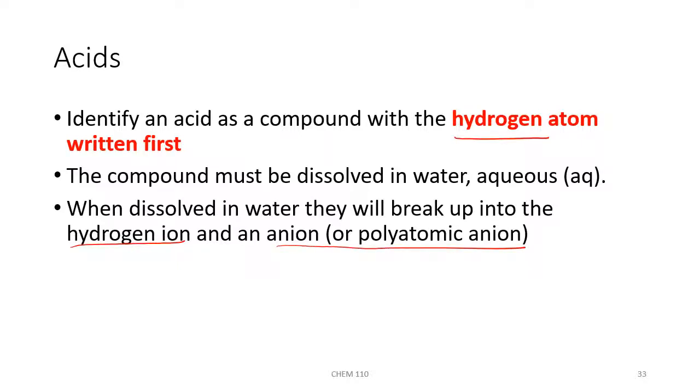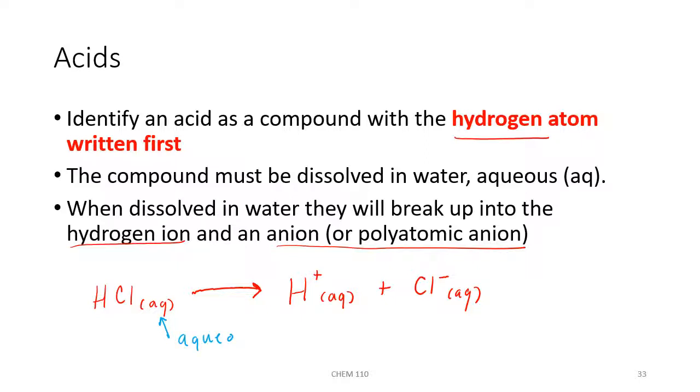So for example, you may have heard of hydrochloric acid. Hydrochloric acid is HCl dissolved into water. And there's no HCl molecules together. Instead, swimming around is a bunch of hydrogen ions that are surrounded by water molecules and chloride anions that are surrounded by water molecules. Writing AQ after a compound means that it's aqueous or dissolved in water.